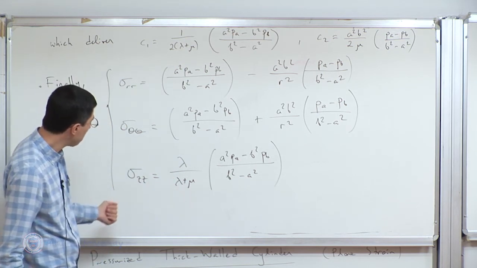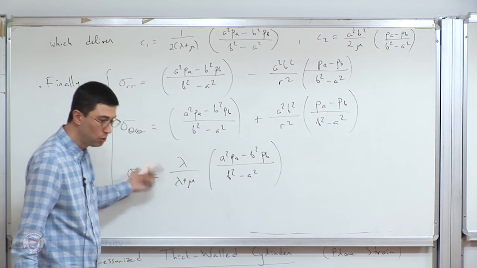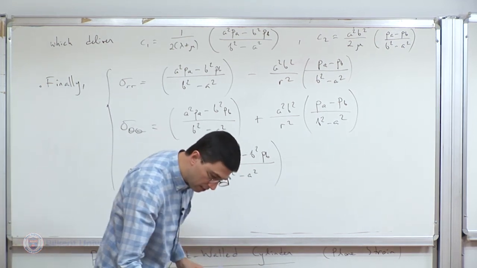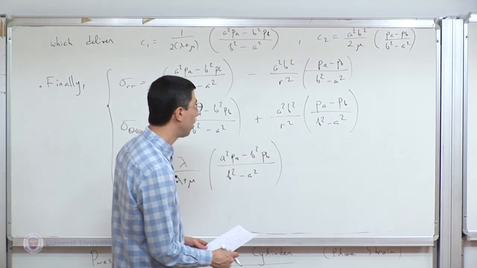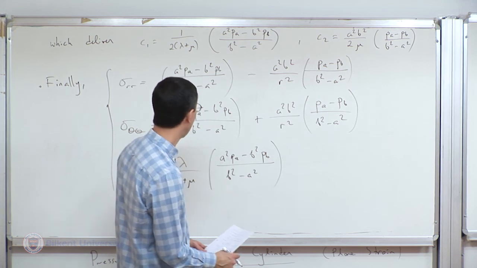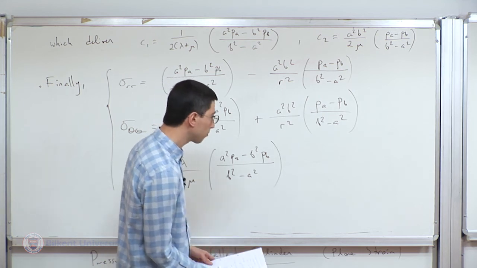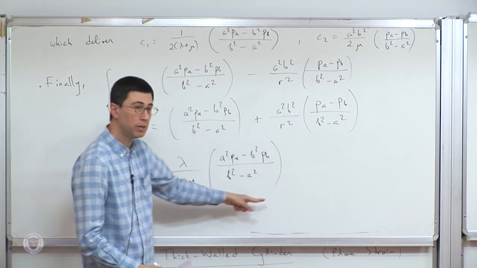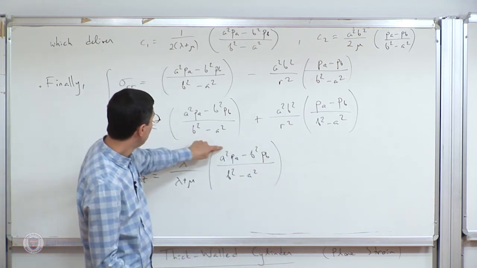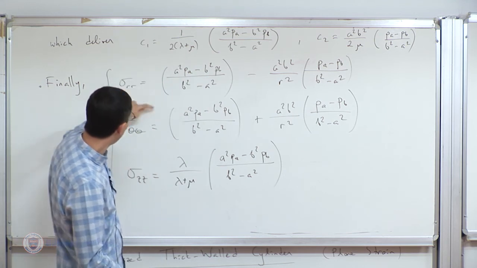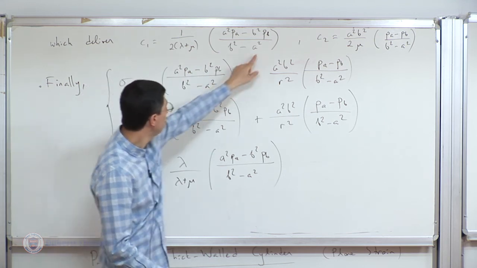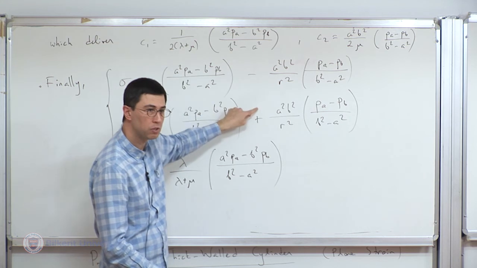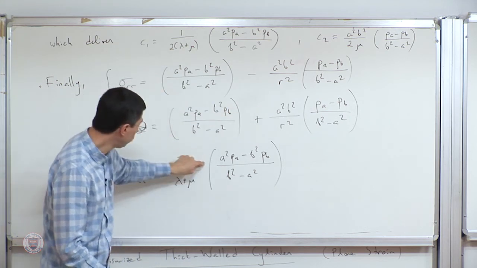As I mentioned before, sometimes with these constants you don't see it. But let me remind you once again that this constant you can easily see here. If I sum sigma RR with sigma theta theta, these two terms cancel each other, minus plus. I get 2 times that.